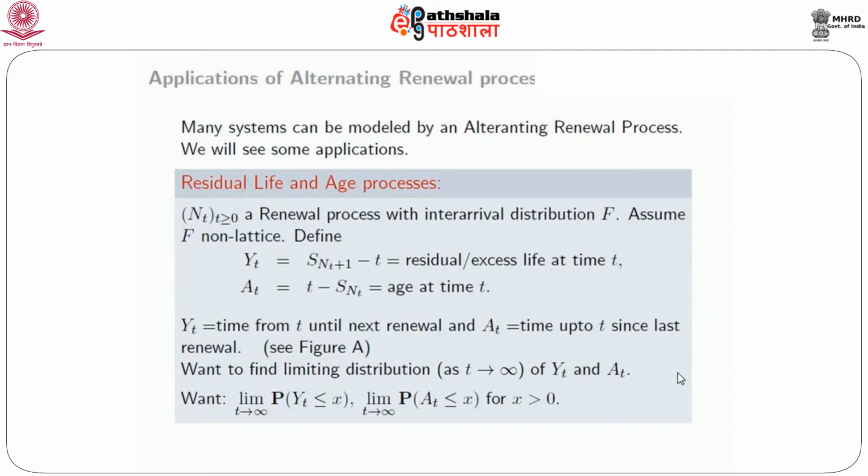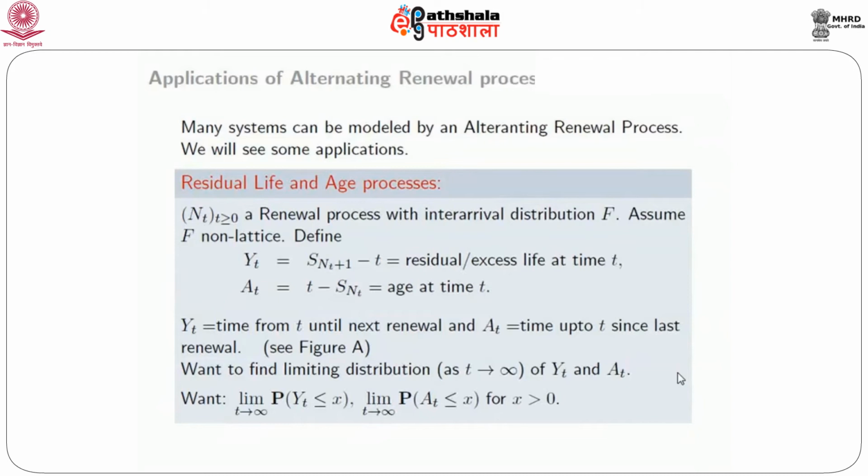So if you look at the system at time t, you do not know how many renewals have taken place. All you know is that the last renewal had taken place at time S_{N(t)}, and the next renewal is going to take place at time S_{N(t)+1}.